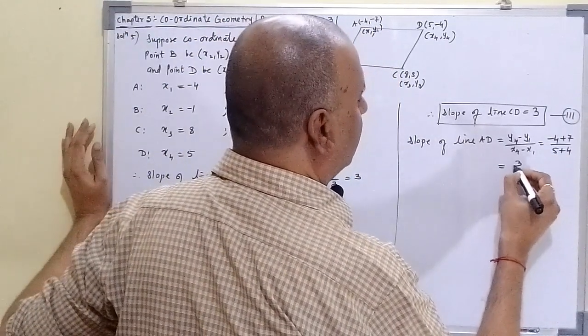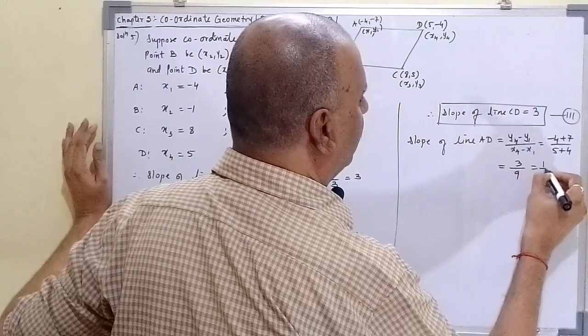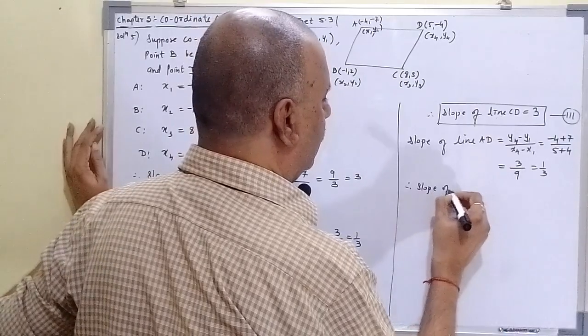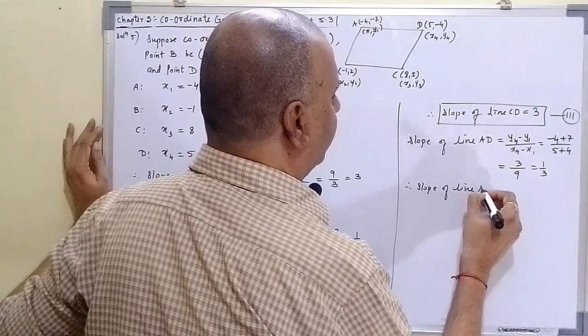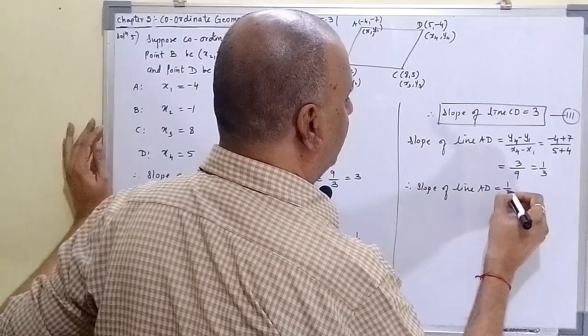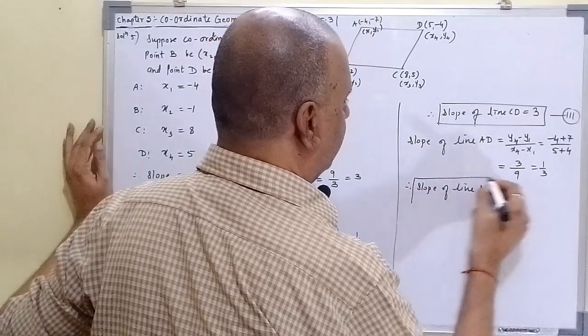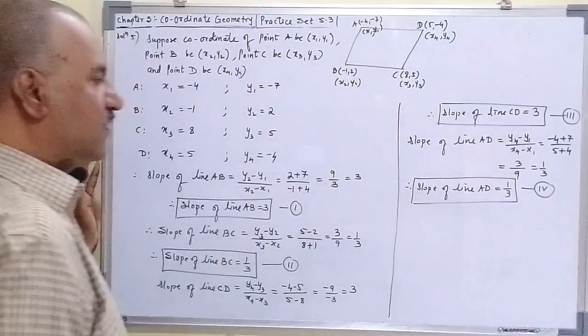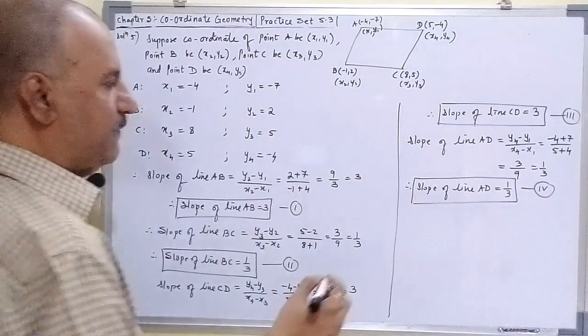So this will be 3 upon 9, that is 1 upon 3. Therefore, slope of line AD is 1 upon 3. आएगा 4. Now please compare.